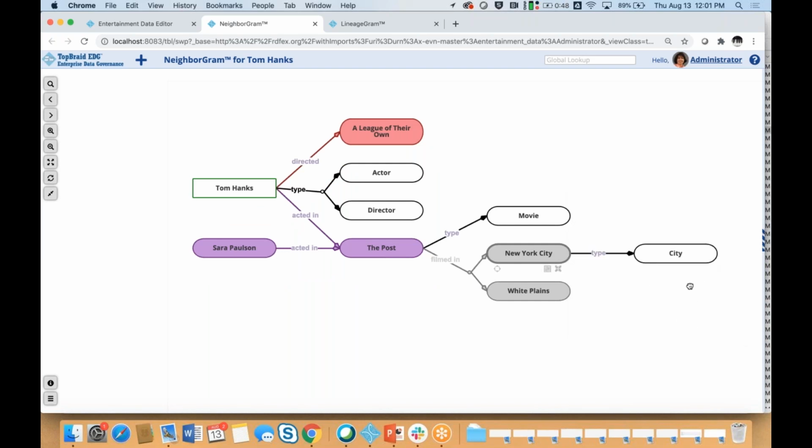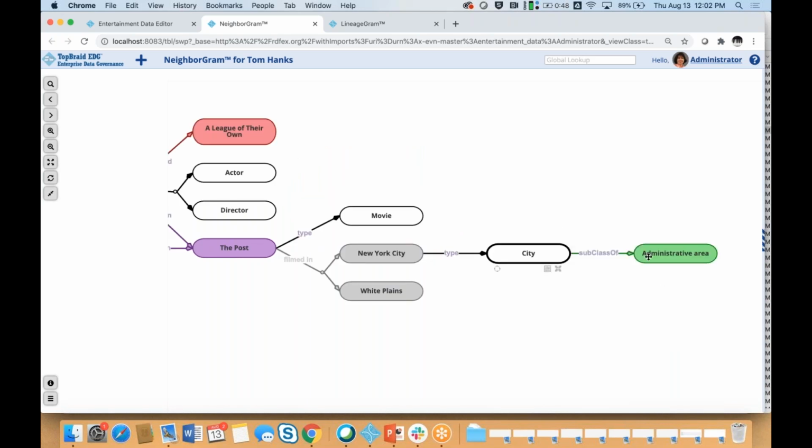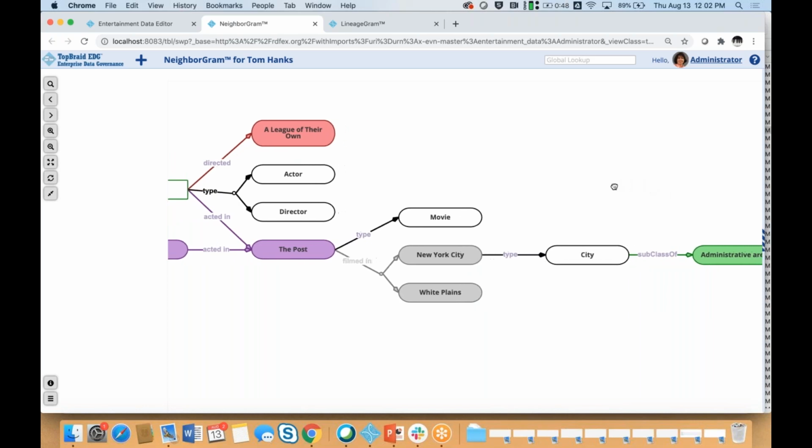It's a city. Here we're moving into schema now, because there are types, and we could see what else we could know about the city. It's a subclass of something, administrative area, and we could keep going on like that, seamlessly going from data to our schema type information.